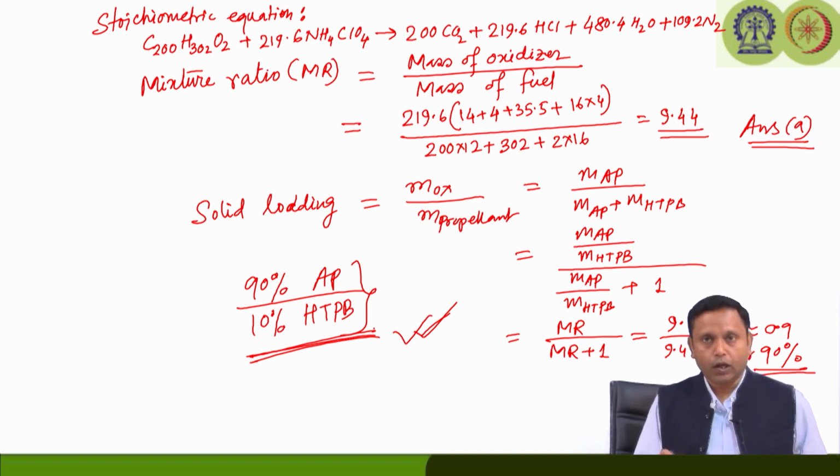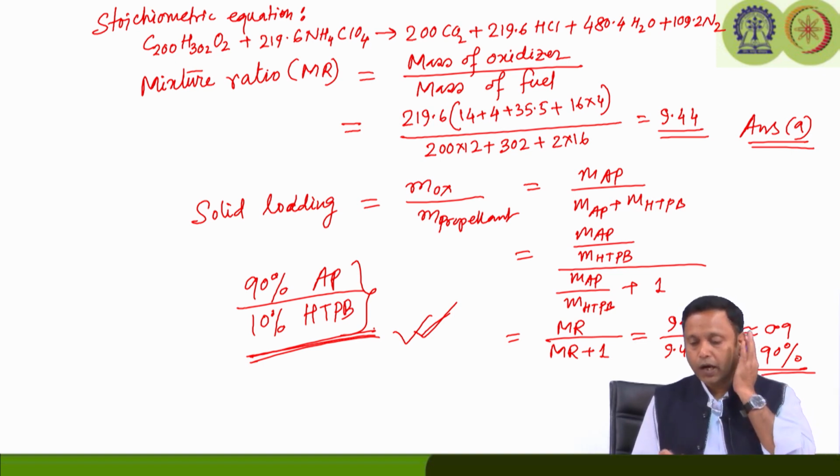Now, let us look at the other type of propellants where you can find out the mixture ratio if the solid loading ratio is given to us, and instead of only HTPB plus AP as oxidizer, let us add aluminum particles also, because aluminum particles act as fuel in the composite propellant.